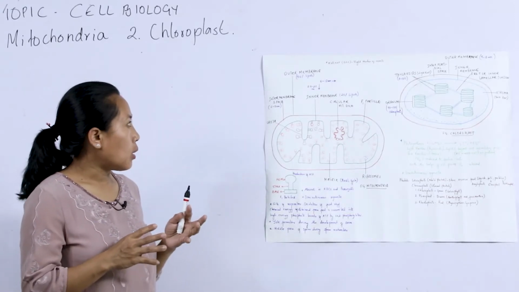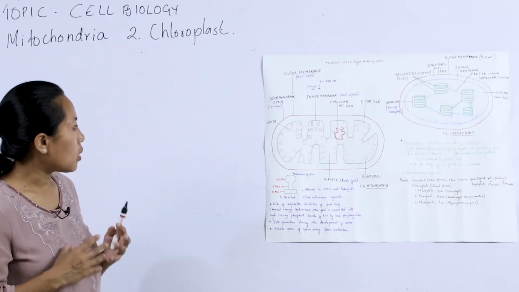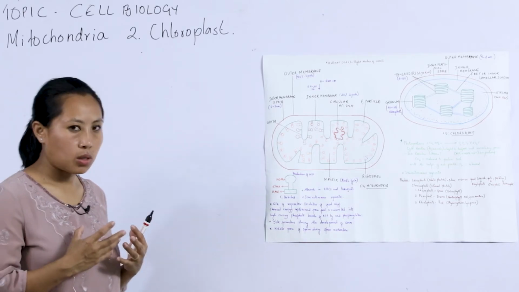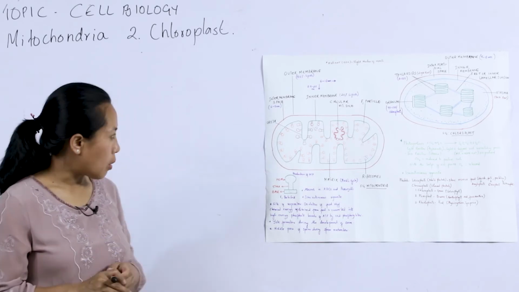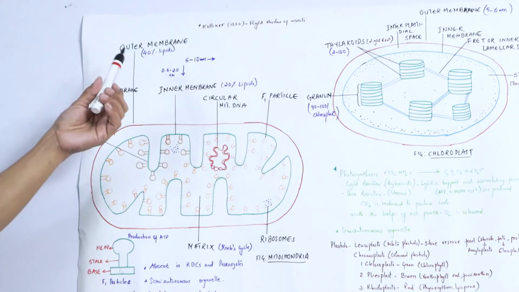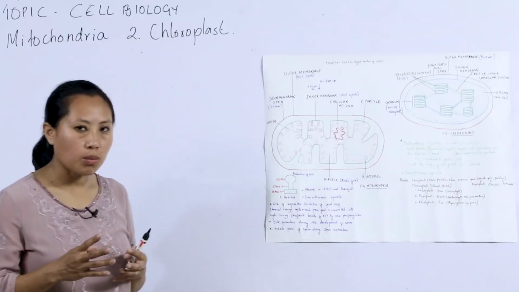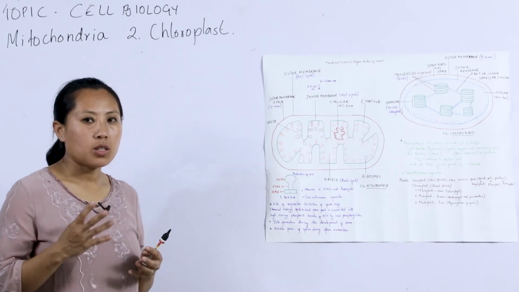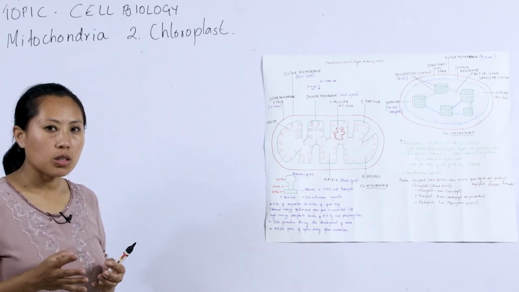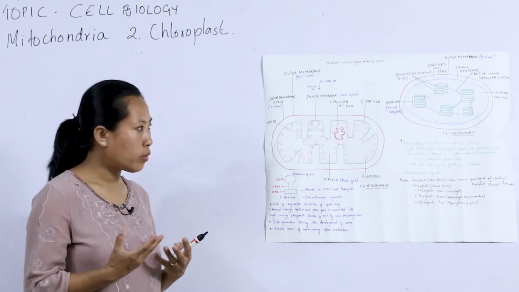Like the plasma membrane, the outer and inner membranes consist of proteins and lipids. In the outer membrane, lipids constitute about 40% and protein about 60%, and in the inner membrane, lipids constitute about 20% and protein about 60%. So, the inner membrane has a greater amount of proteins.